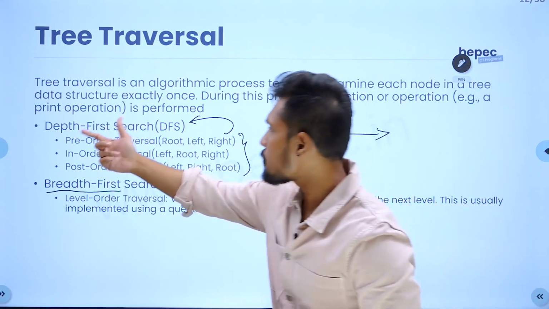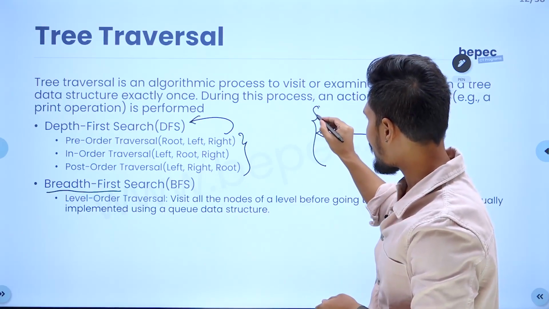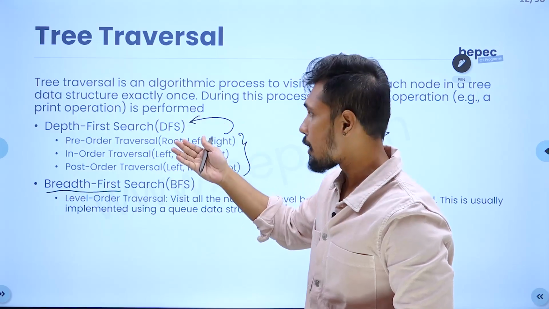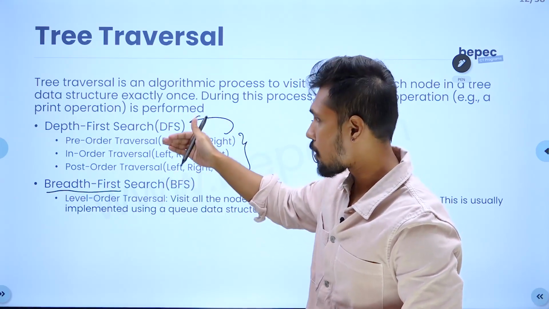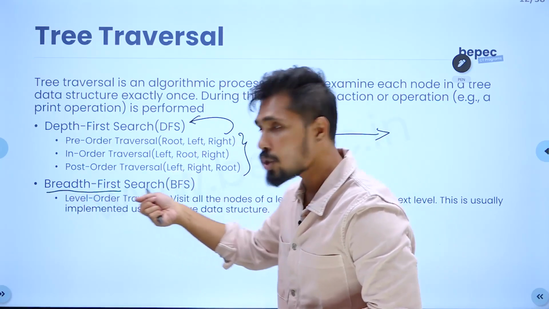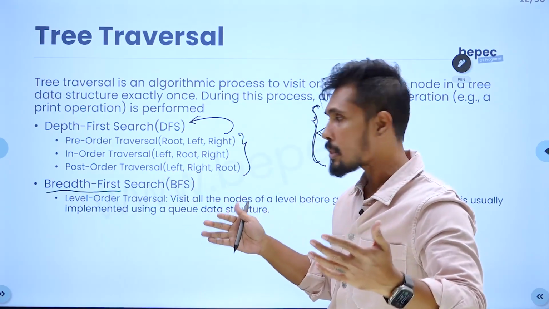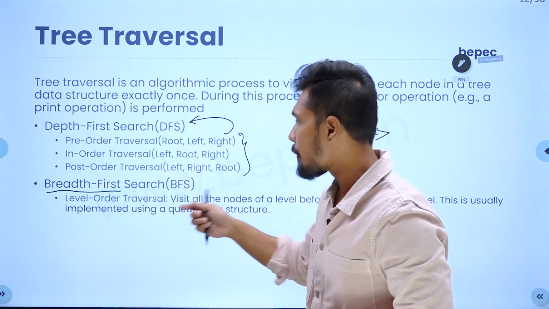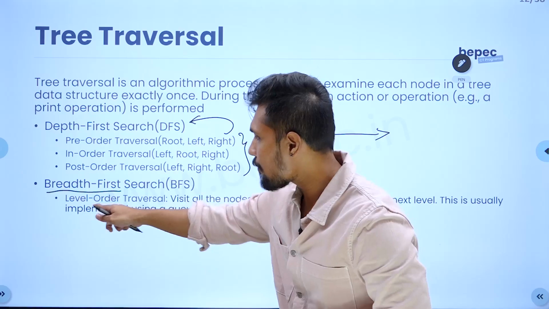Now depth first search. If you are searching with respect to depth, we call it depth first search traversal techniques. In that we have three types: pre-order, in-order, and post-order. If you are trying to search the nodes breadth-wise, then we call it breadth first search traversal. In that we have a type called level order traversal.